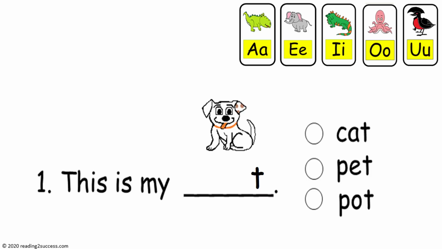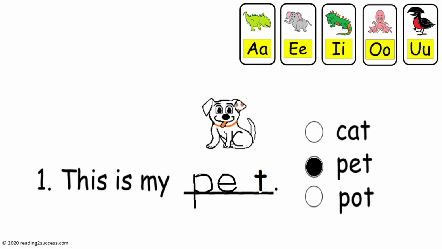So then go over to the choices, and if kids can read it, great. If they need additional practice with the vowel sounds, help them with that. And then after they read all of them, cat, pet, pot, have them decide which is the correct answer and then write it in and read it. This is my pet. And continue the other problems in the same way.